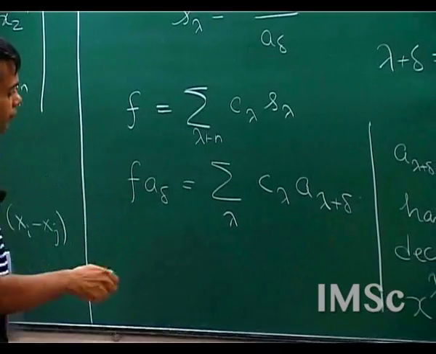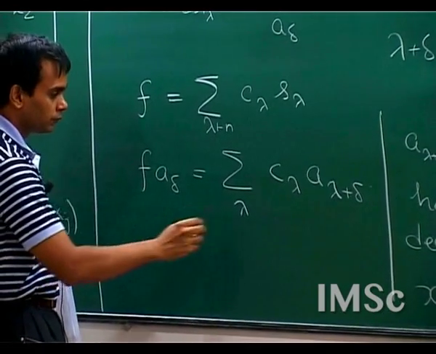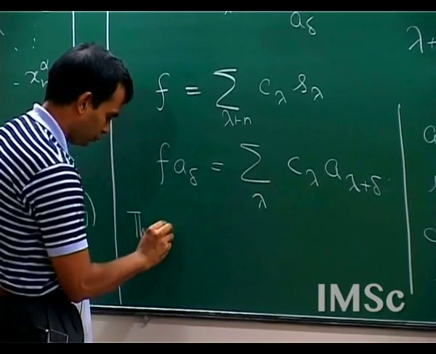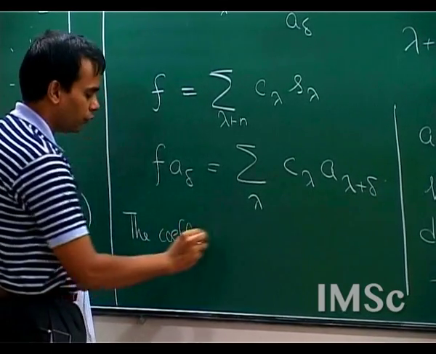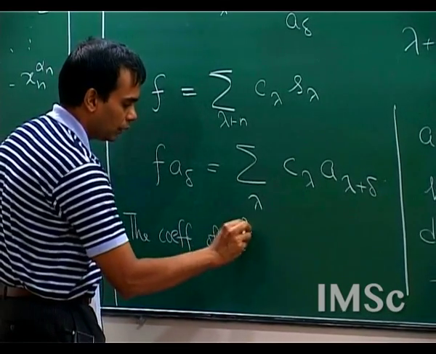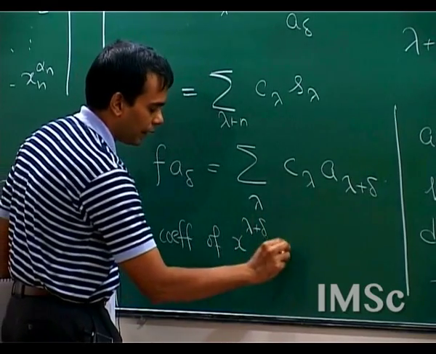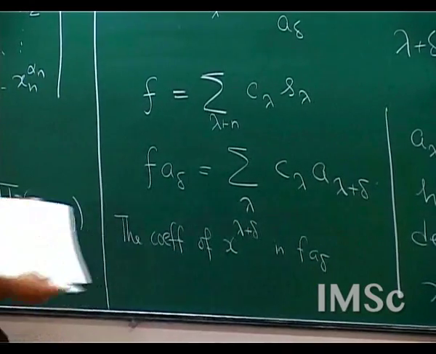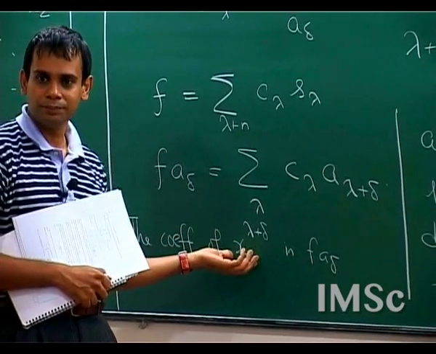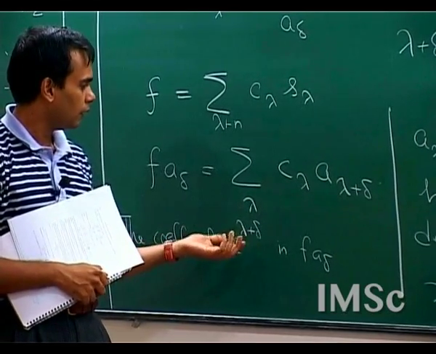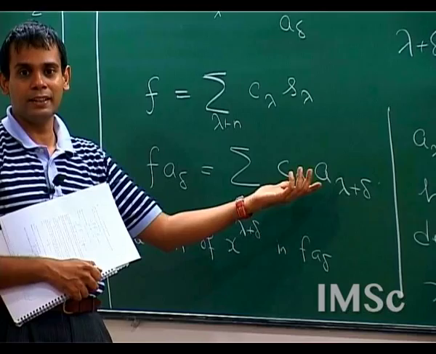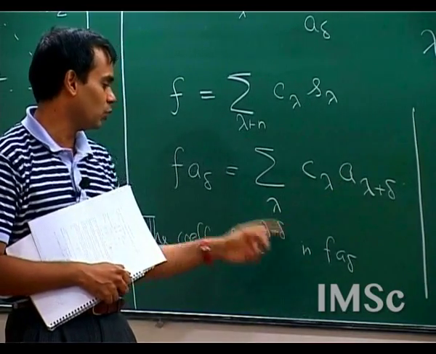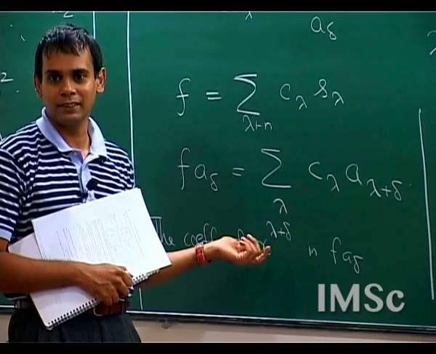So let's ask what is the coefficient of x raised to lambda plus delta in f a delta. Well, this is a strictly decreasing monomial. Each of these terms has only one strictly decreasing monomial, and there's only one term with the strictly decreasing monomial x to the power lambda plus delta.